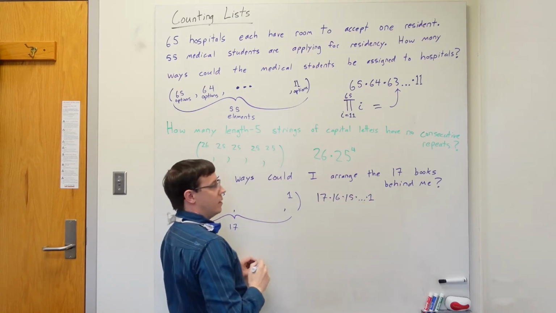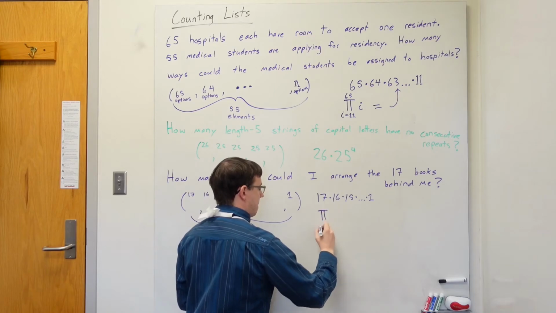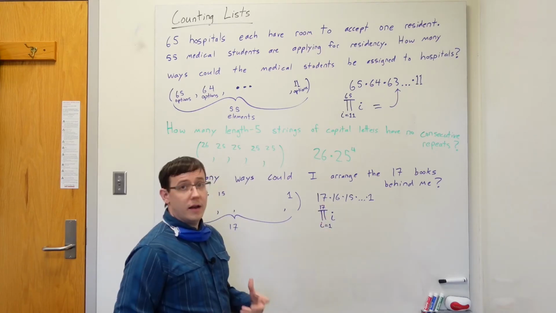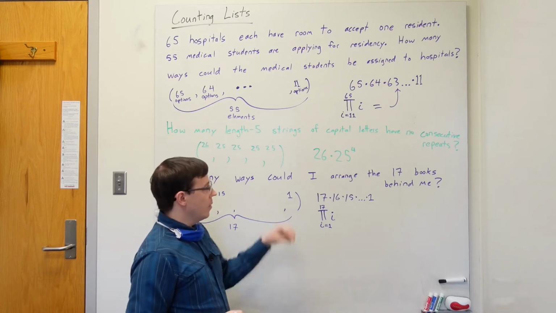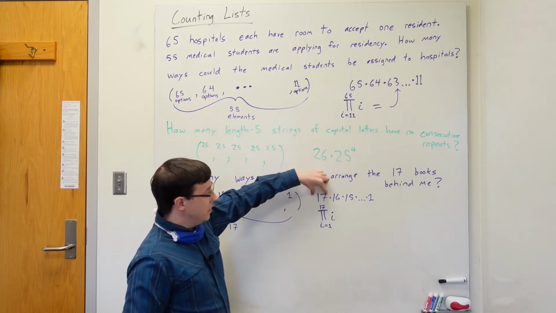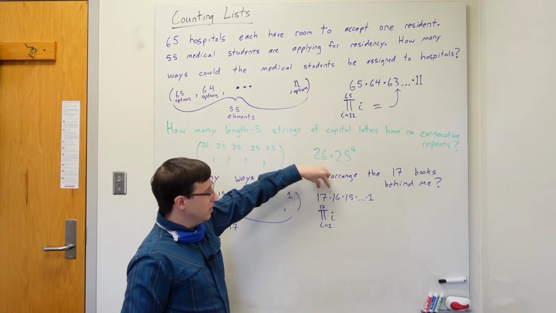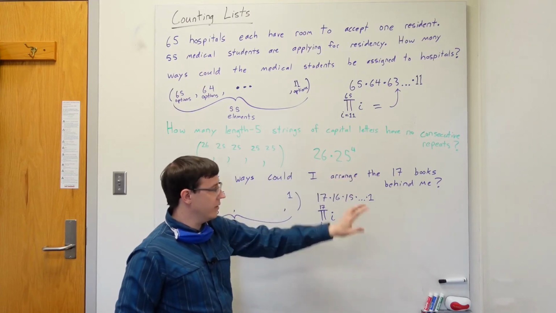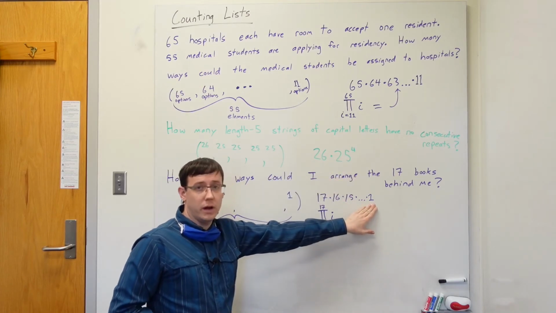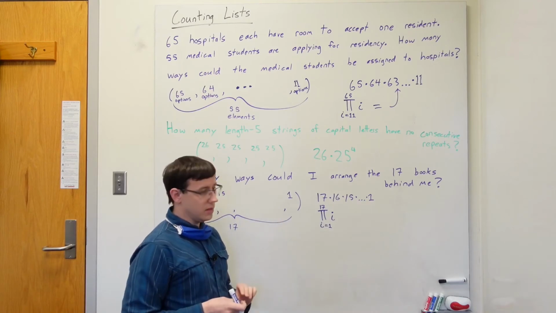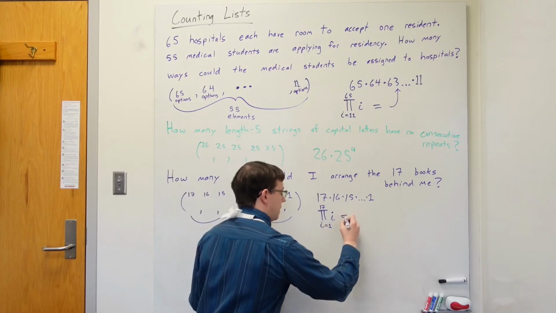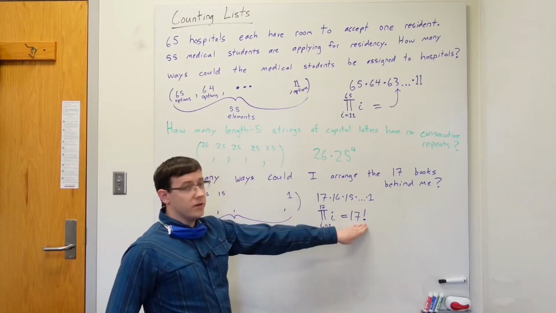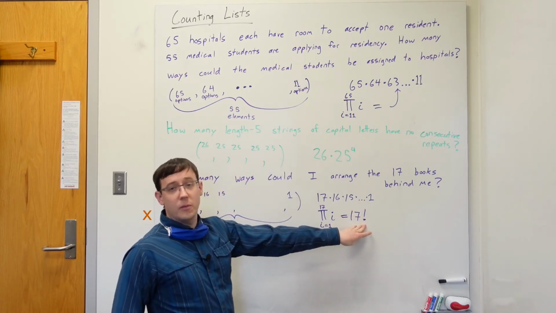We could write this in product notation. And for this special case, where we are taking a product from an integer decreasing by 1 every time, all the way down to 1, this has the special name of factorial, which we denote with an exclamation point.